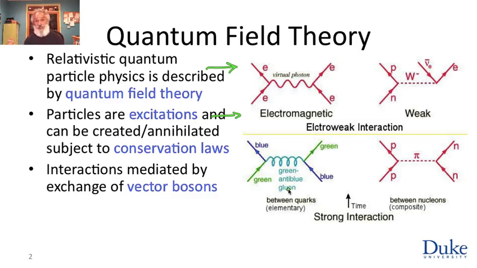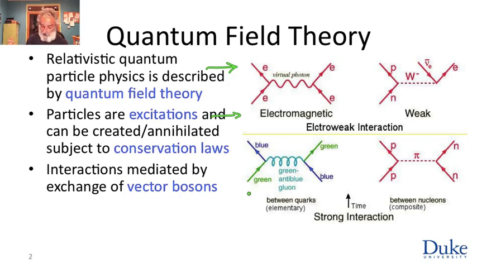Gluons come in color-anticolor combinations, and if you think about it, there are 9 color-anticolor combinations. One of them is irrelevant for reasons that I won't discuss. So there are actually 8 different massless vector bosons that are called the gluons.